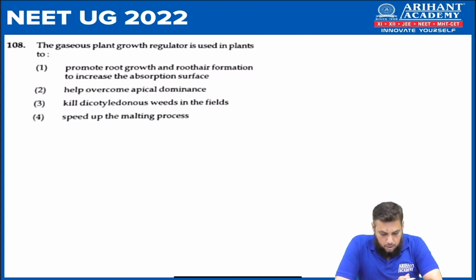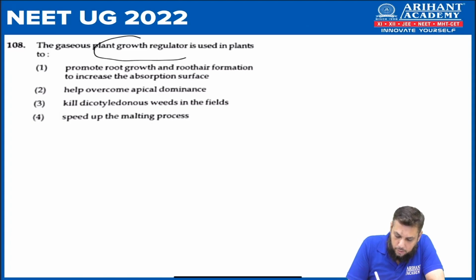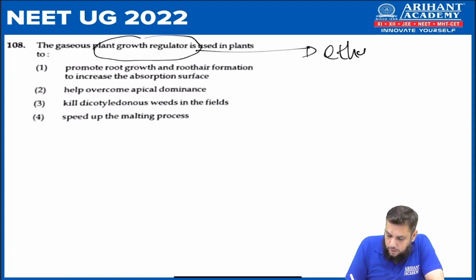The 108 question, which is from the chapter Plant Growth and Development. So the gaseous plant growth regulator is used in plants too. Now who is the gaseous plant growth regulator over here? The gaseous plant growth regulator is ethylene.